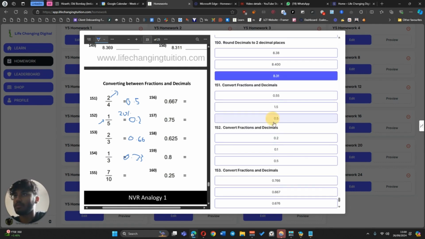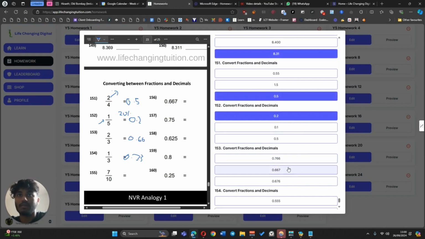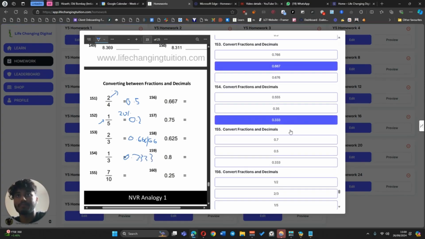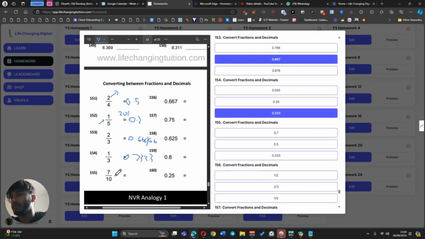So let's select these. Yeah, so you can see why it says 0.667, because if you keep going 666, you have to round it at some point, right? So if you round it here, then you get 0.667. If you round this one here, it just rounds down, so it should be 0.333. 7/10, that's just 70%, or 0.7.